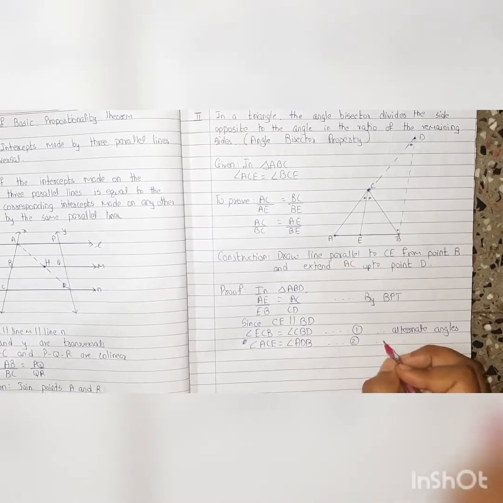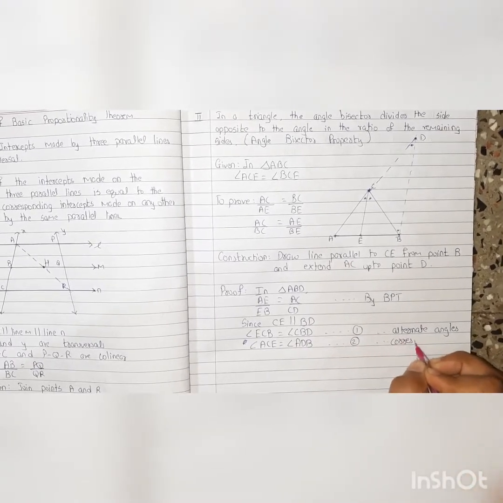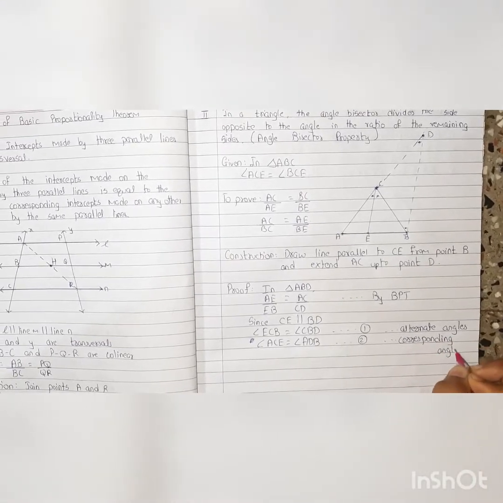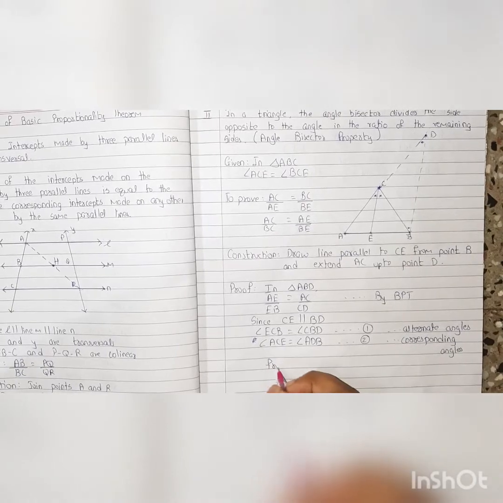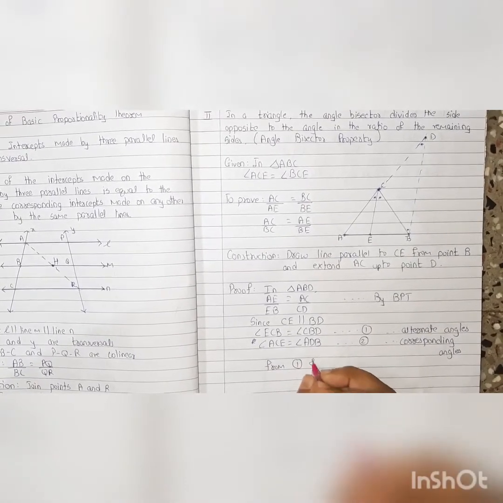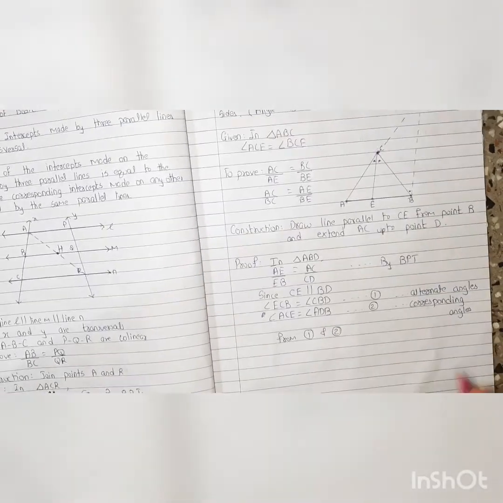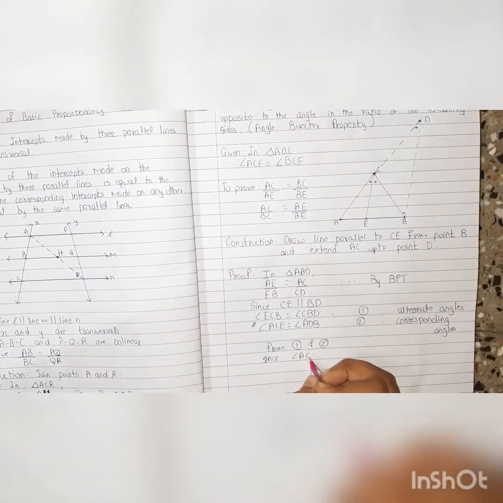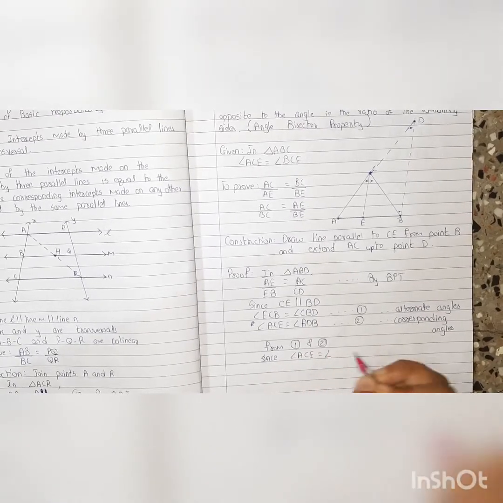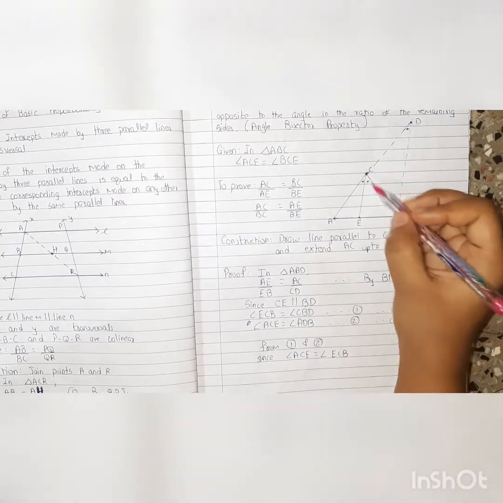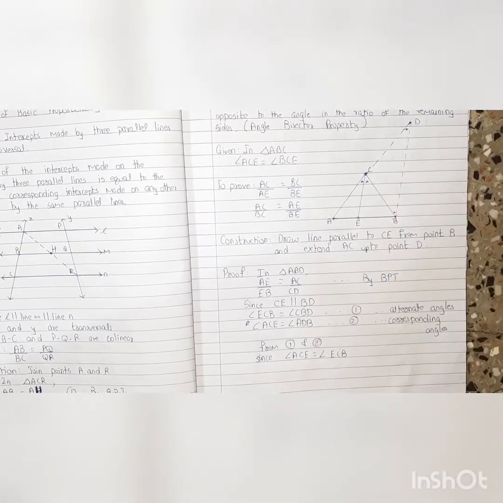This we will name as 2, and these are corresponding angles. From 1 and 2, since angle ACE is equal to angle ECB, since CE is the angle bisector, these both angles are the same.